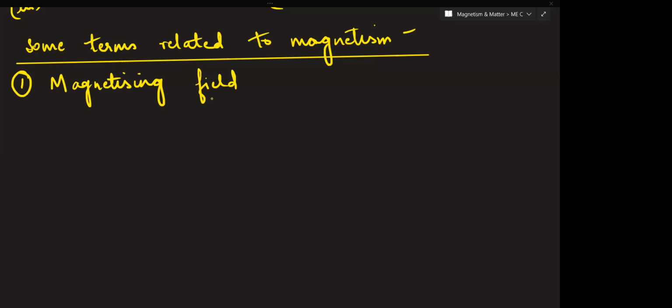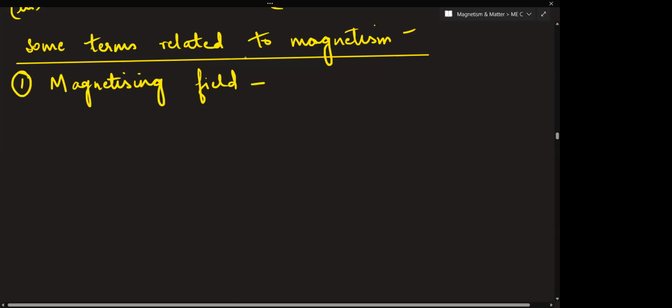So magnetizing field is what? Whenever any magnetic material is kept in a magnetic field, then magnetism is induced in it. Let's say this is a magnetic material. If this is placed in a magnetic field, then magnetism is induced in it.